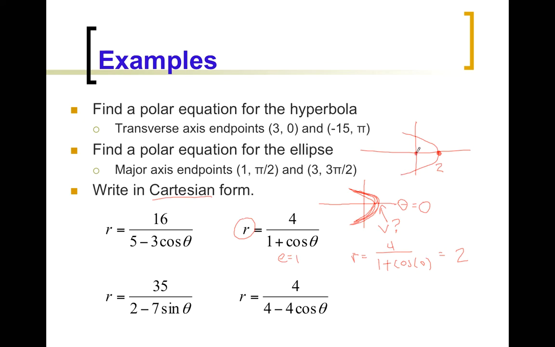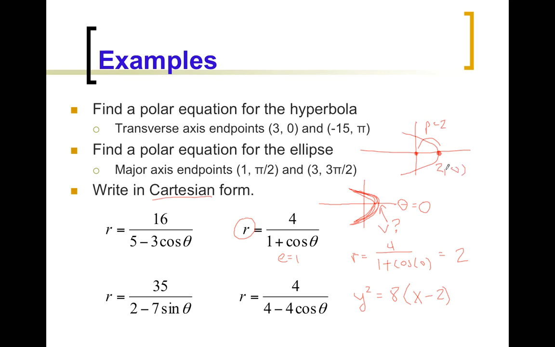Well, I automatically know that the pole is one of the focal points, or is the focal point. That means that p is equal to 2. And that's actually everything I need to know to go into rectangular mode. This just tells me, because it opens to the left, it's a y squared, and y is not moving at all, so it's y squared equals 4 times p, which is 8, times x minus 2, because my vertex is at 2, 0.